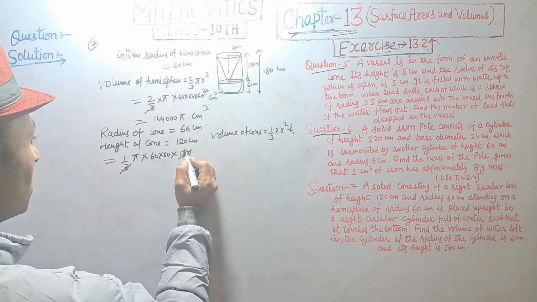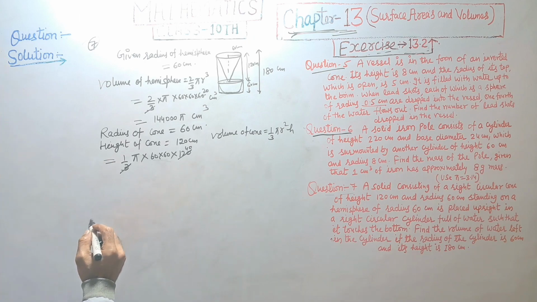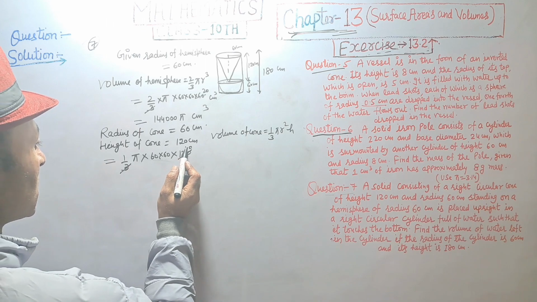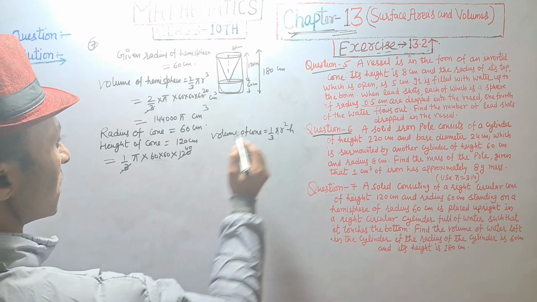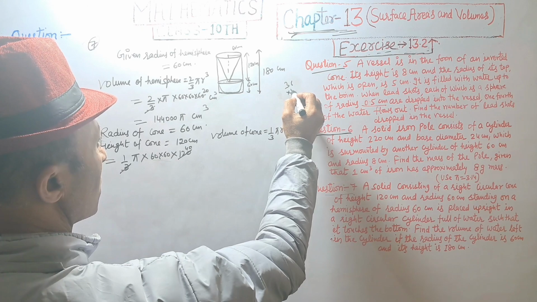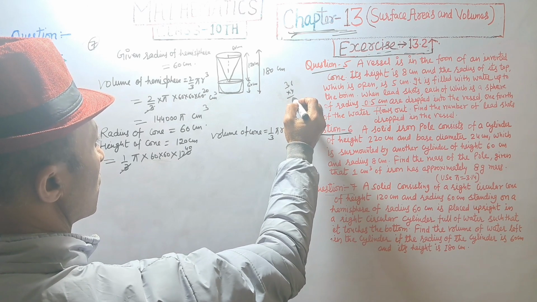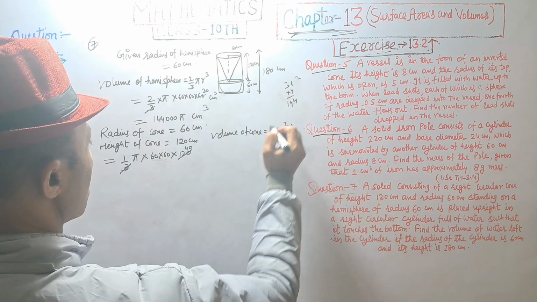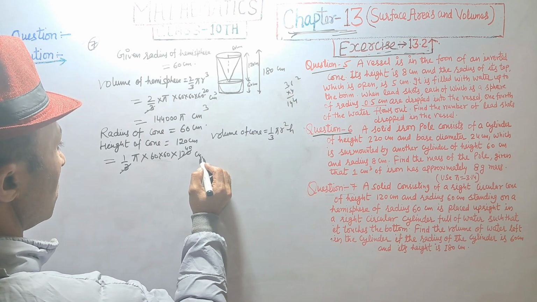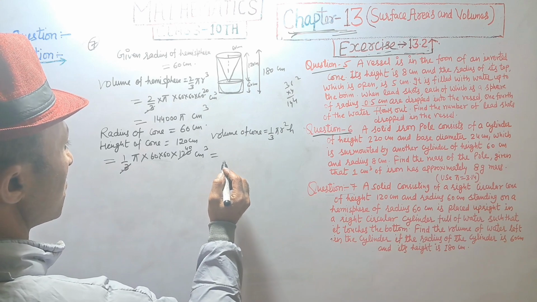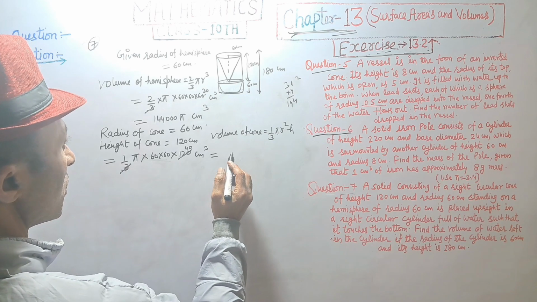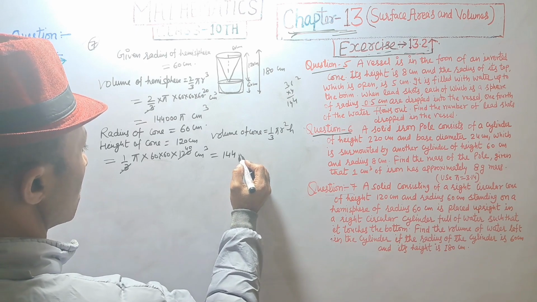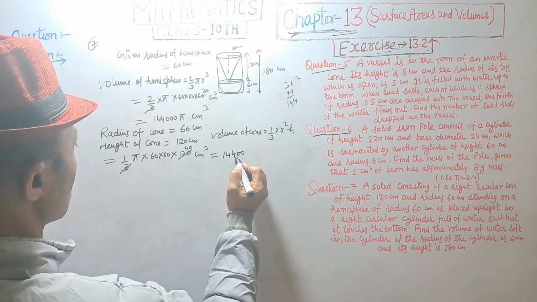This is divisible by 3, so 40 into 60 into 60, which gives 144,000 pi centimeter cube.